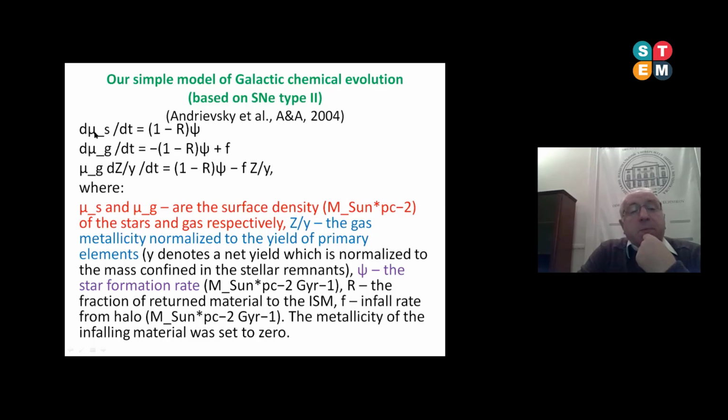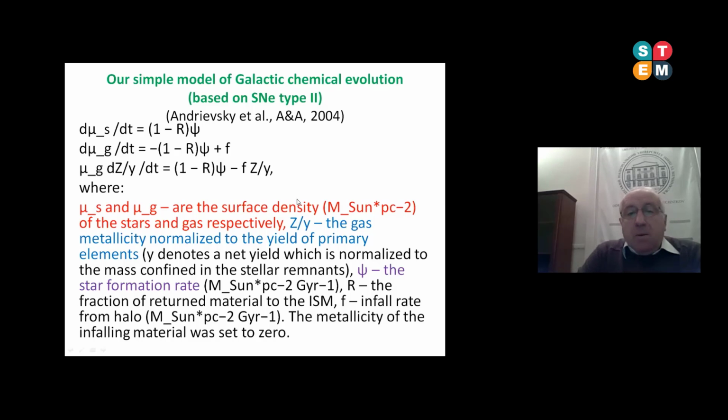First is for the change of concentration of the stars with time, then the change of concentration of the gas. Gas is consumed to produce stars. It's understandable. And stars produce metals, heavy metals, for example, we consider alpha elements and iron. This is described by Z. Z is metallicity.